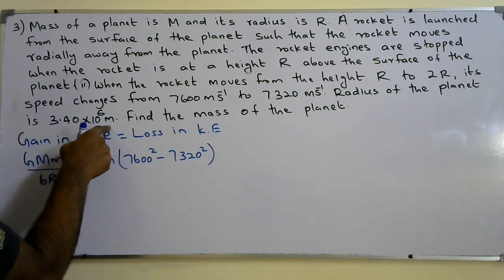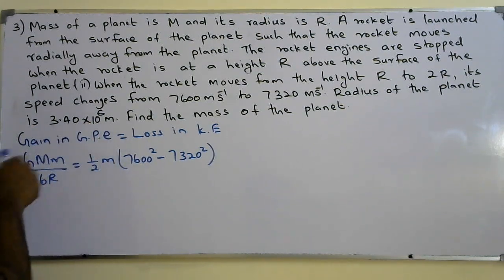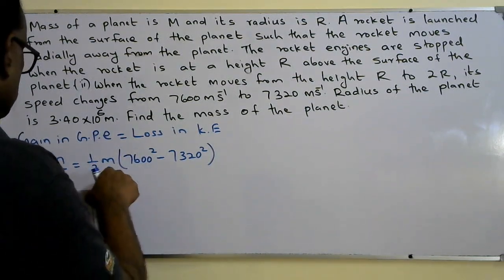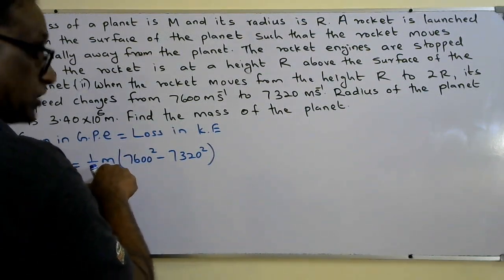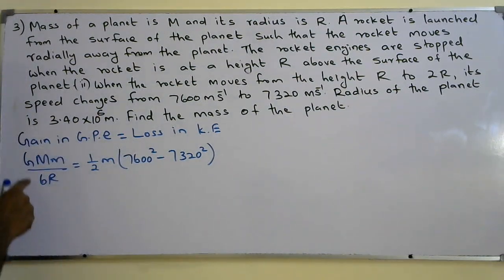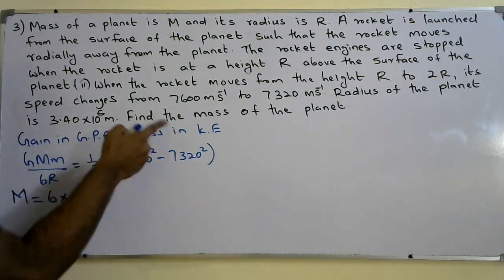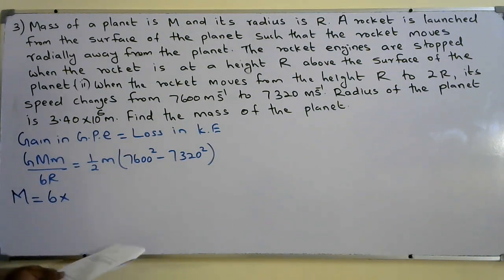These two m, the mass of the satellite, the rocket, will get cancelled. So we need to find the capital M. So M is equal to 6 times R, we cross multiply. I'll write the M subject here again.